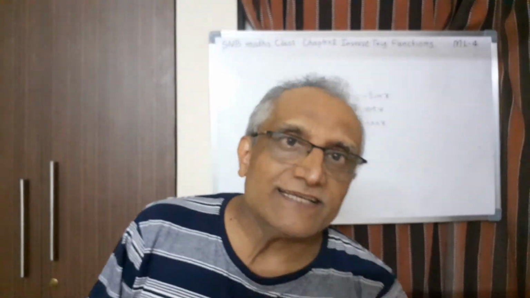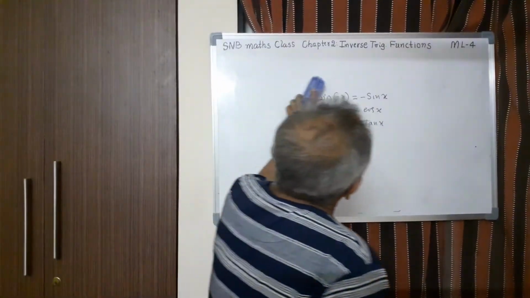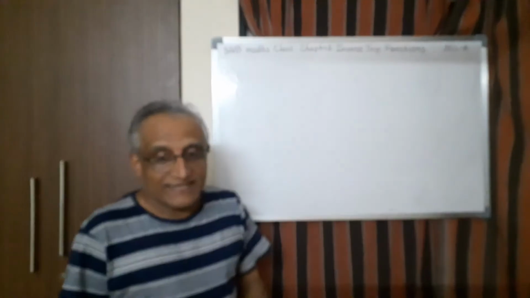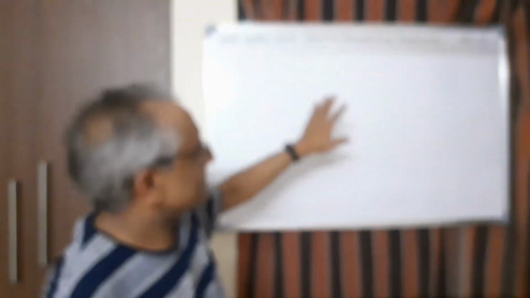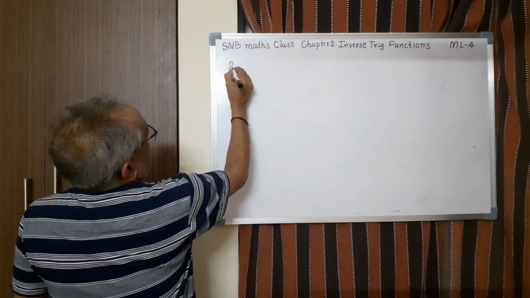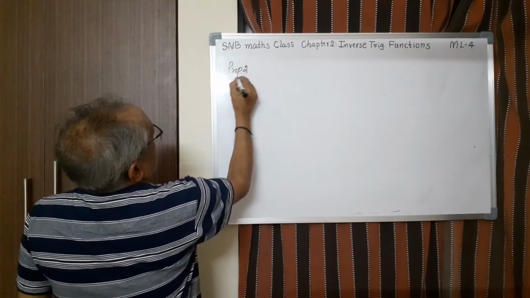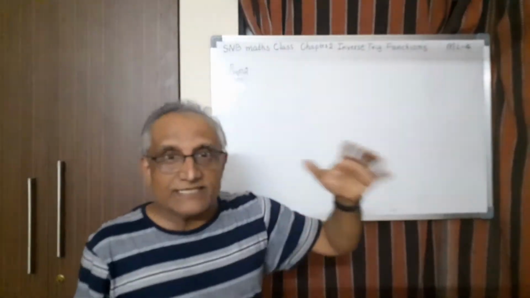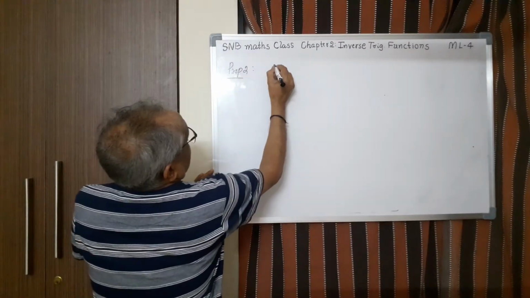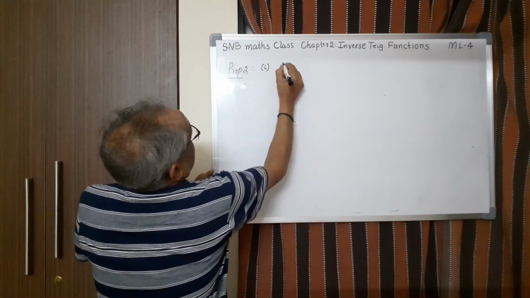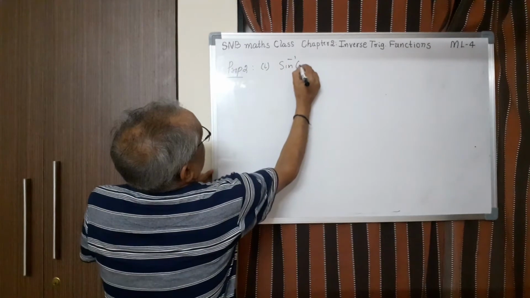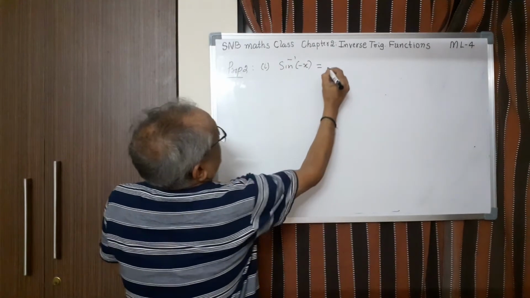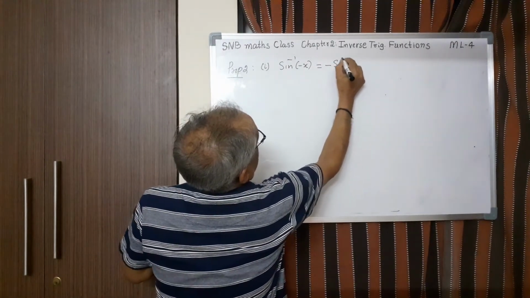Now similarly here, we can find what sine inverse of minus x and cos inverse of minus x are, etc. So let me take it as property 2. So this is the first set. Here also, in each set there are sometimes 3, sometimes 2 depending on the case. So the first property is: sine inverse of minus x equal to minus sine inverse x.